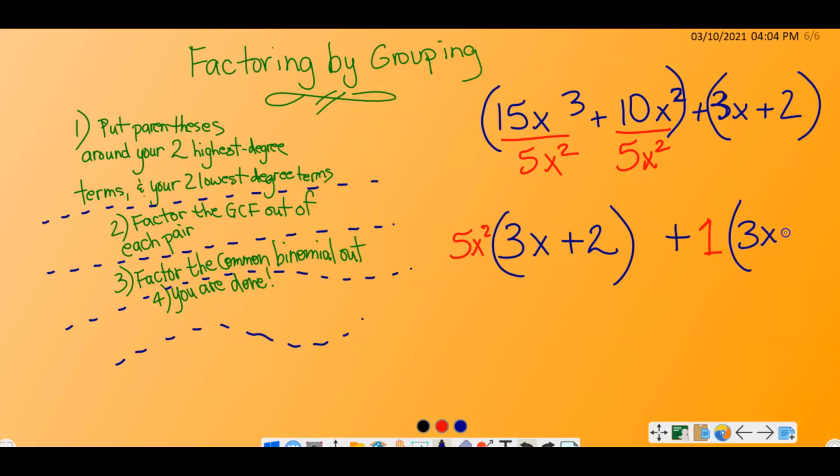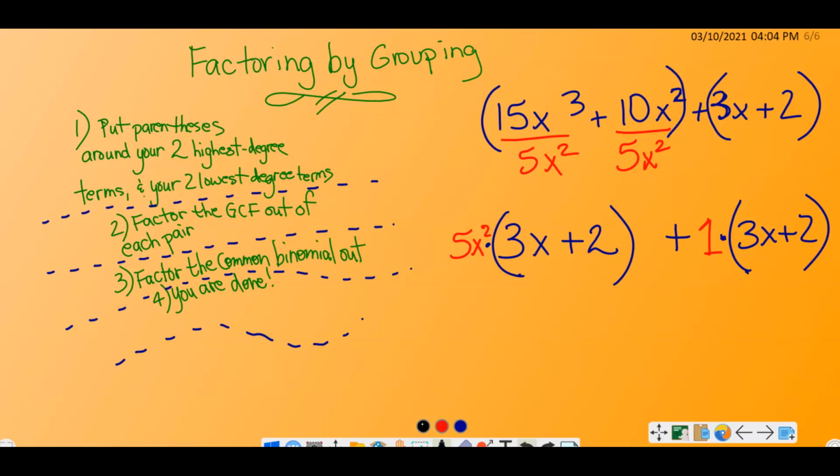And I want you to notice something very important to this process. I want you to notice that these two factors are now multiplying each other, and these two factors are multiplying each other. And I furthermore want you to notice that this binomial is common to this binomial.